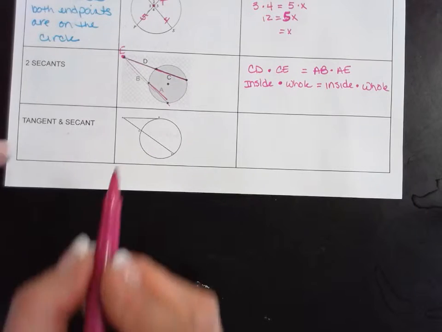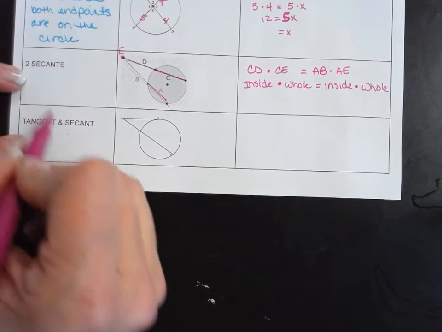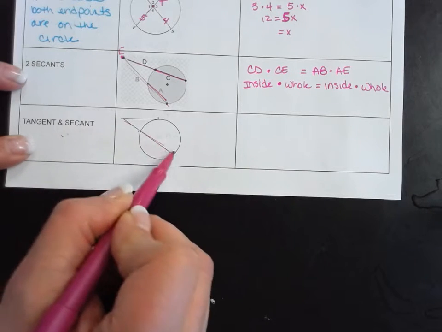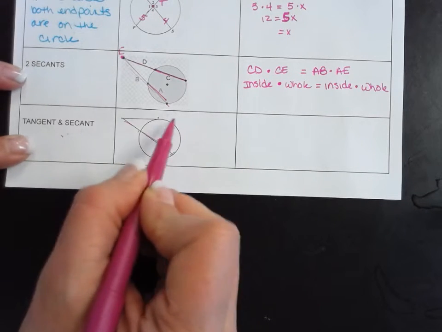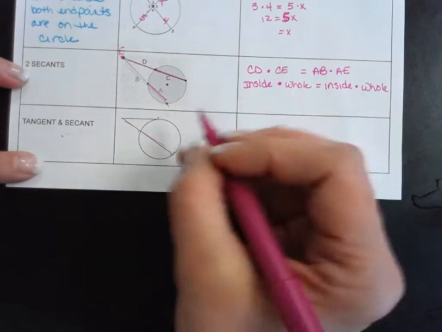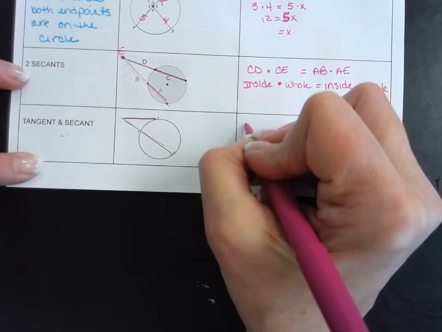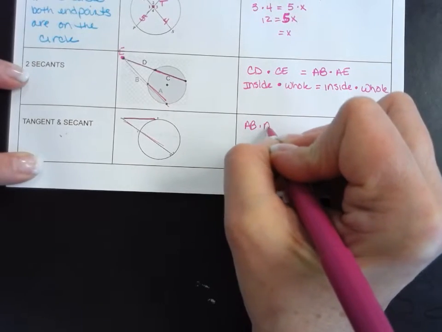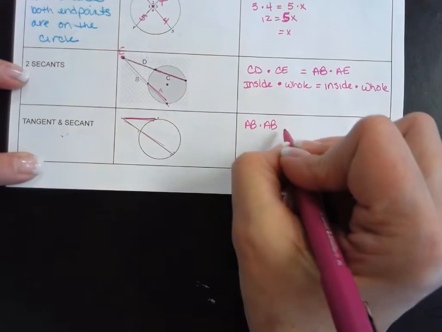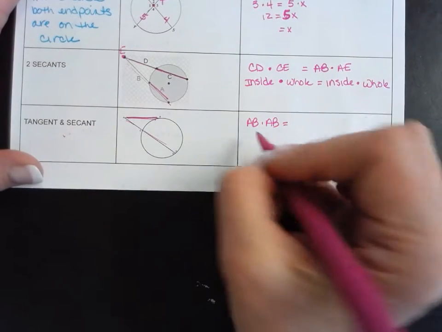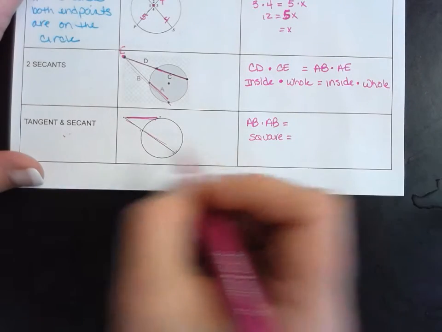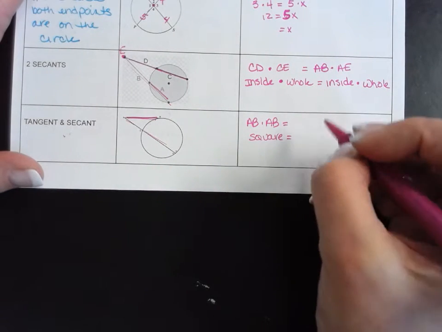Last one. Okay. Since tangent and secant are kind of the same, tangent's kind of the same as that because we want the inside to the whole. This time, you take it and multiply it by itself, and then multiply by the inside to the whole.